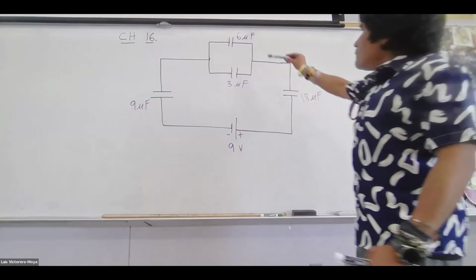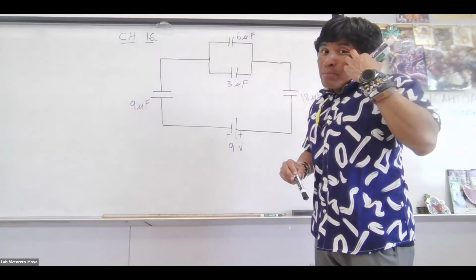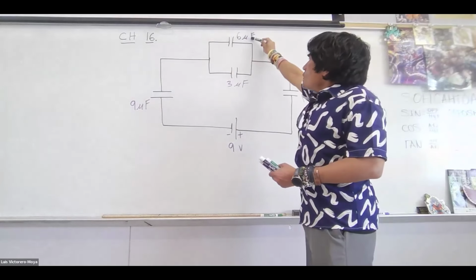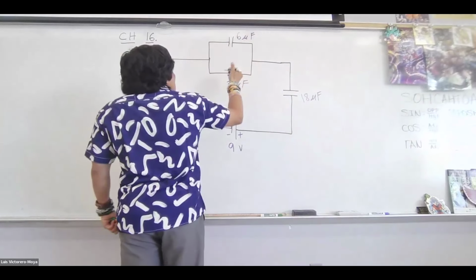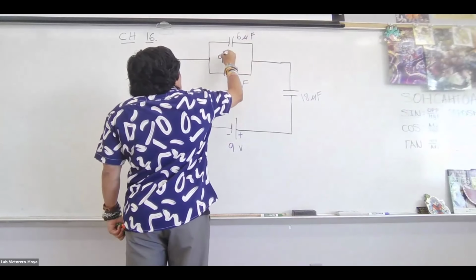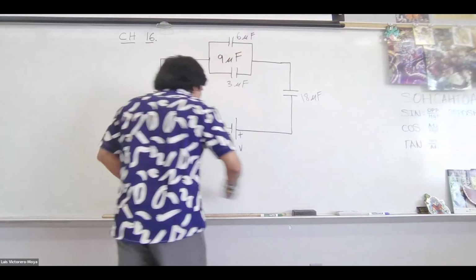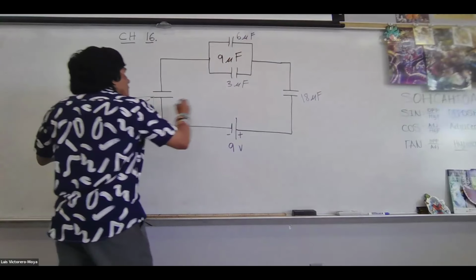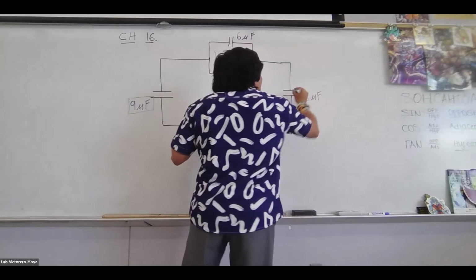So we have parallel. When you have capacitors in parallel, you add them. So 6 plus 3, this whole branch is 9 microfarads. And then you have 9 and 18.